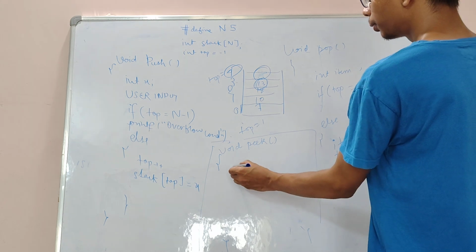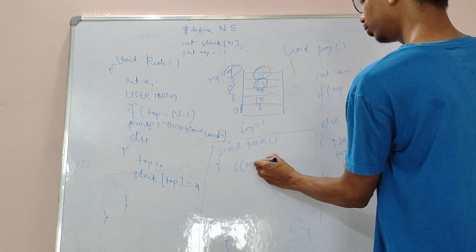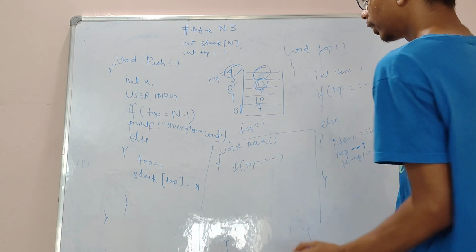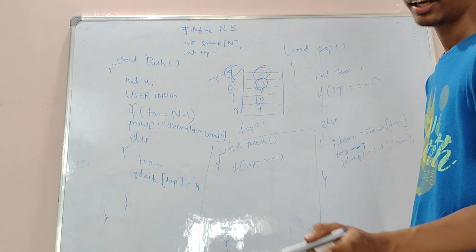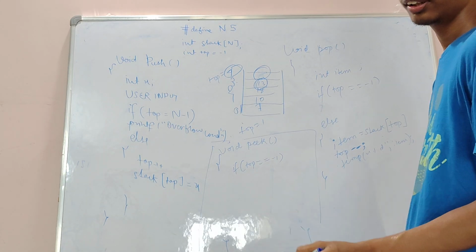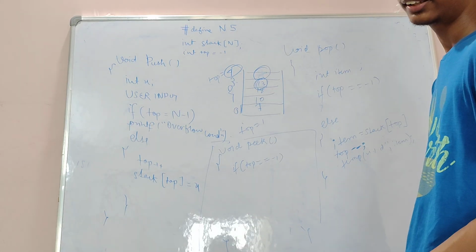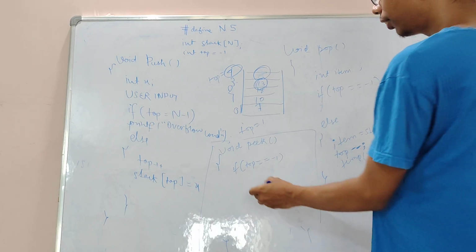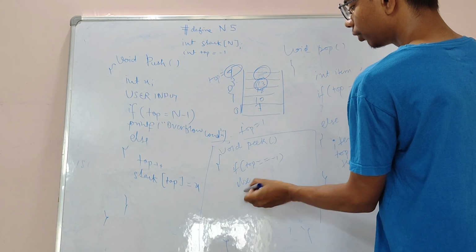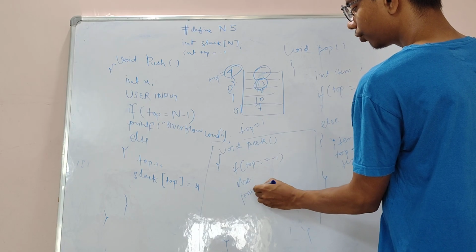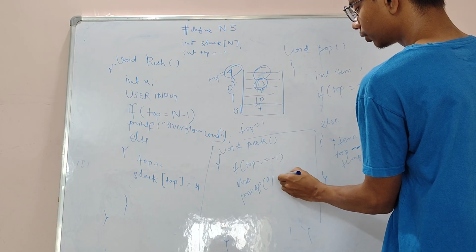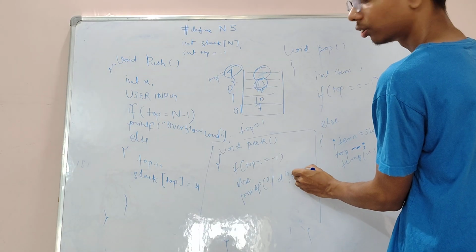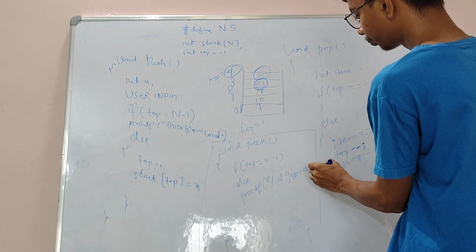And if top is equal to -1, then again list is empty, and in the else part, I will print printf %d stack[top].